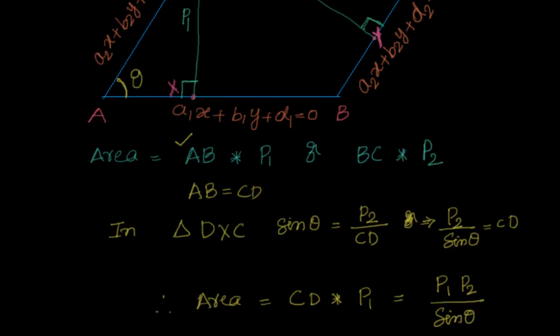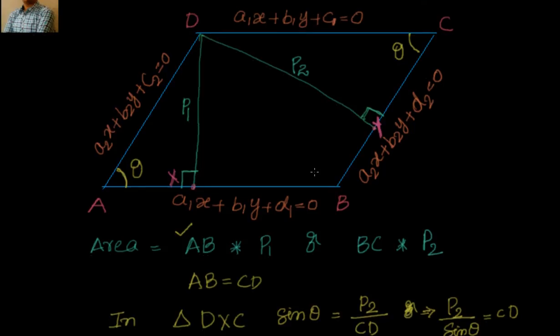Let me just repeat that. We can find out P1, P2 because that is nothing but the distance between two parallel lines. Now the problem comes how to find out the values of the sides, how to find the measure of the sides, either AB or BC or CD or DA. For that we started with, let us say, one of the angles of the parallelogram be theta. We know opposite angles are equal.